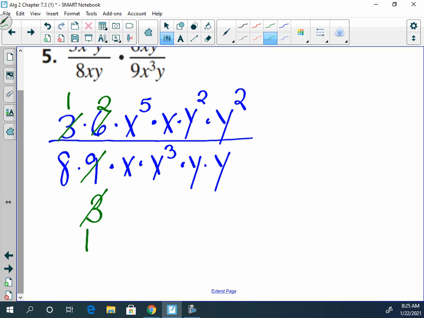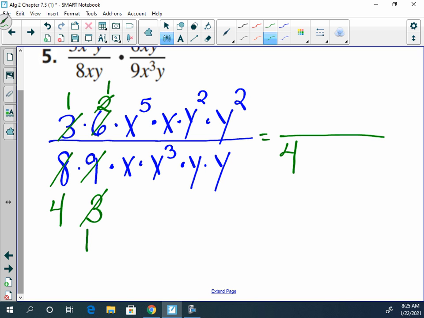Any other common factors with our numbers? 2 and 8, yes? Because the 2 would become 1, and the 8 would become what? 4. So what's the only number left besides 1? It's 4, yes? So if we're simplifying, well, we'll have 4 on bottom.